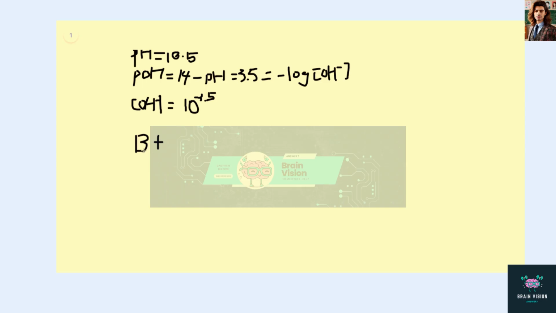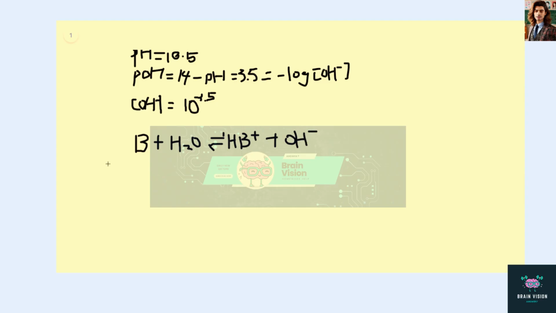So now we can write out the dominant equilibrium. The base in the presence of water would dissociate into HB plus, the protonated base, and hydroxide.